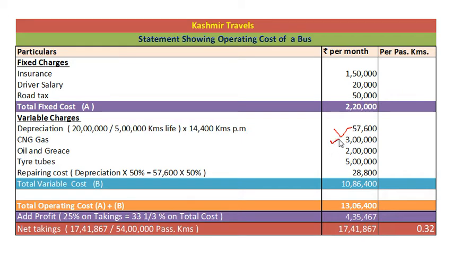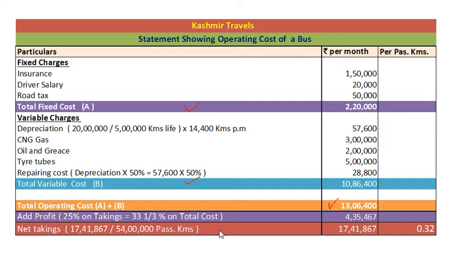Then CNG gas cost 3 lakh rupees, oil and grease 2 lakh rupees, tire tube cost rupees 5 lakh, and repairing cost 50% of depreciation, that is 57,600 multiplied by 50%, that is 28,800. And finally we get total variable cost to run the bus 10,86,400.